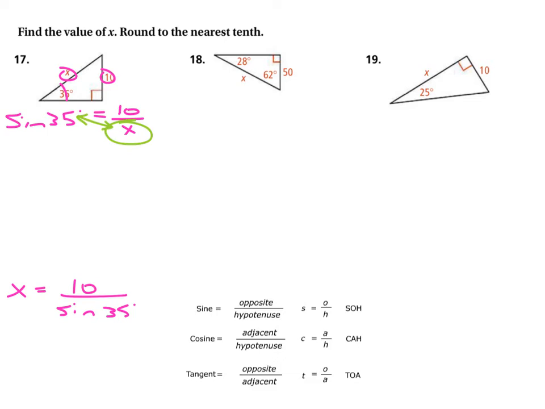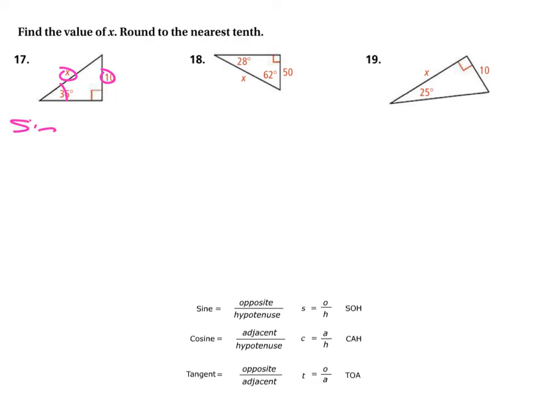But that's why it works, because if you do all of the complicated math just to switch it over, you saw how many steps it took for me to get to that. And that's like, wow, that's a lot of work. So if we say, okay, we're allowed to shortcut it, I'm going to give you the ability to shortcut it by saying, if you set it up the way that we do, and let me rewrite it again, sine of 35 equals opposite 10 over hypotenuse x.